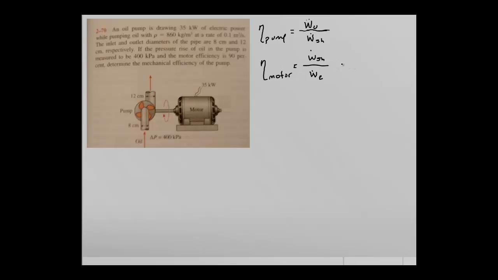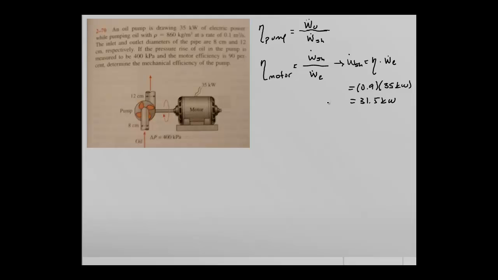So since we know the efficiency of the motor, we can get the shaft power as the efficiency of the motor times the electric power that we are supplying. So this will be 0.9 times 35 kilowatts. This will be 31.5 kilowatts.